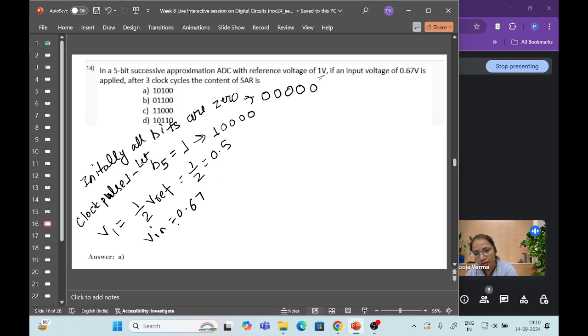So here Vin is greater than V1. Here we need to compare. So V1 is less than Vin, which means it will produce output 1, right?